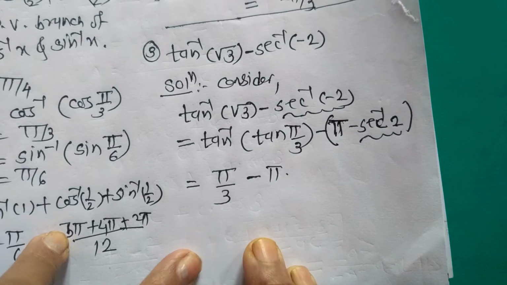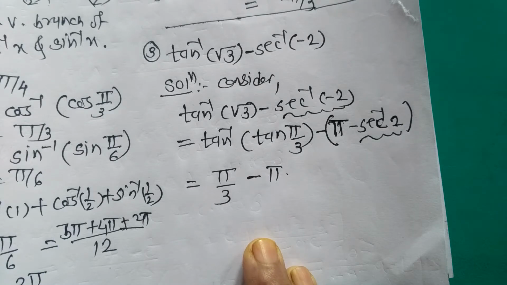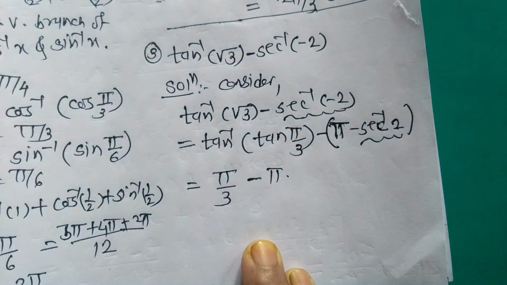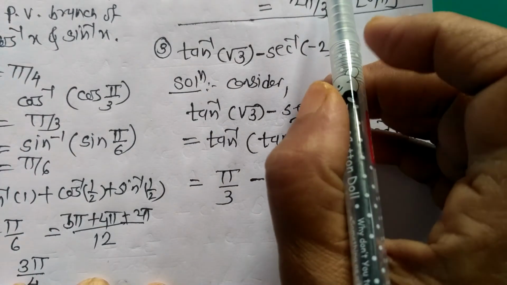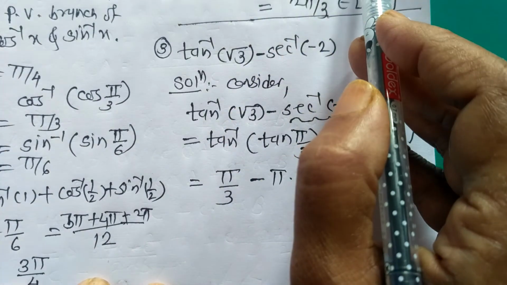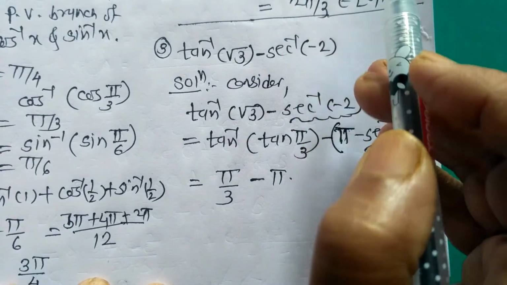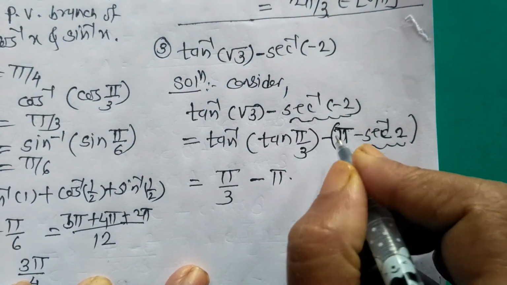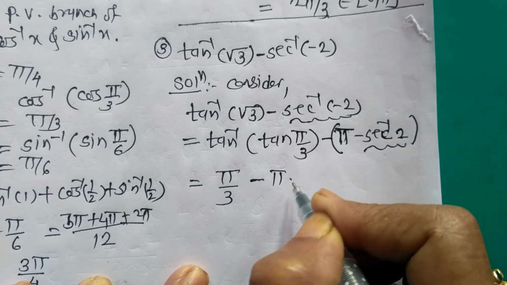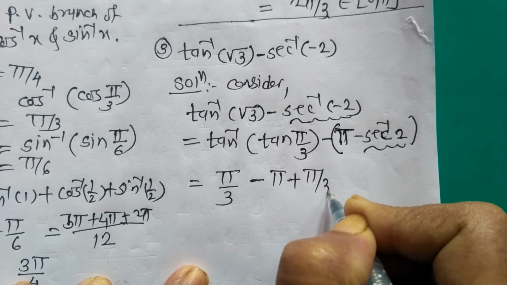For the secant ratio to be this value, you may take the reverse concept as the cosine ratio having half as the value for the angle pi by 3, because cos pi by 3 is equal to half. In the previous example we already considered that half is nothing but cos pi by 3. Therefore this minus minus becomes plus pi by 3.